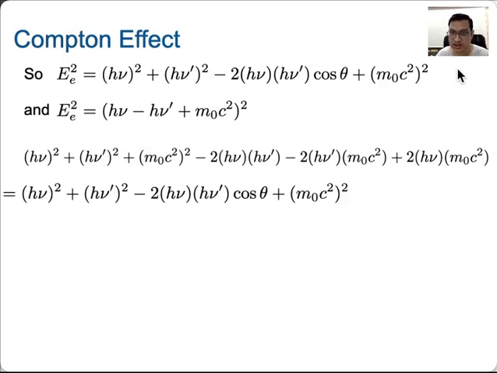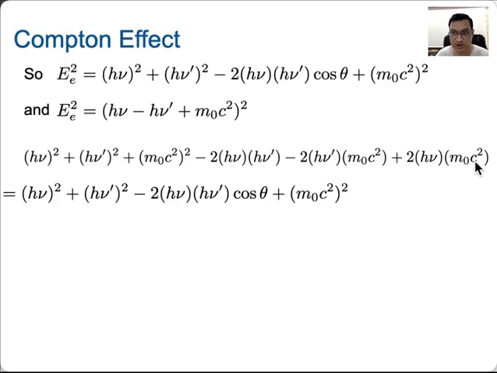So if you equate this quantity, the first term will drop out, the second term will be cancelled out, and this quantity will also be cancelled out. So what you have got at the end in this equation is this quantity minus 2 times hν′ cos θ, and here you have got this quantity, and you have got the other quantity that we can take out here.